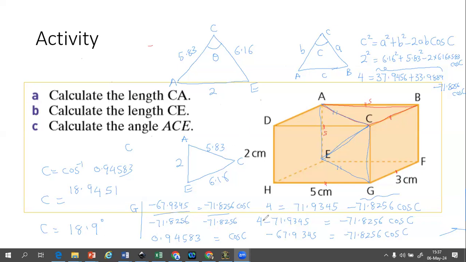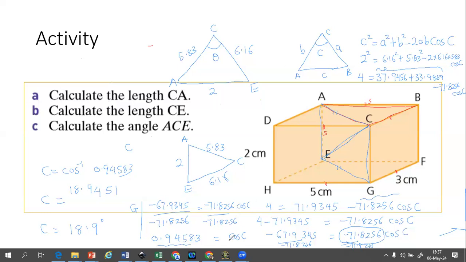No, this side. Here? Yeah, that's there.